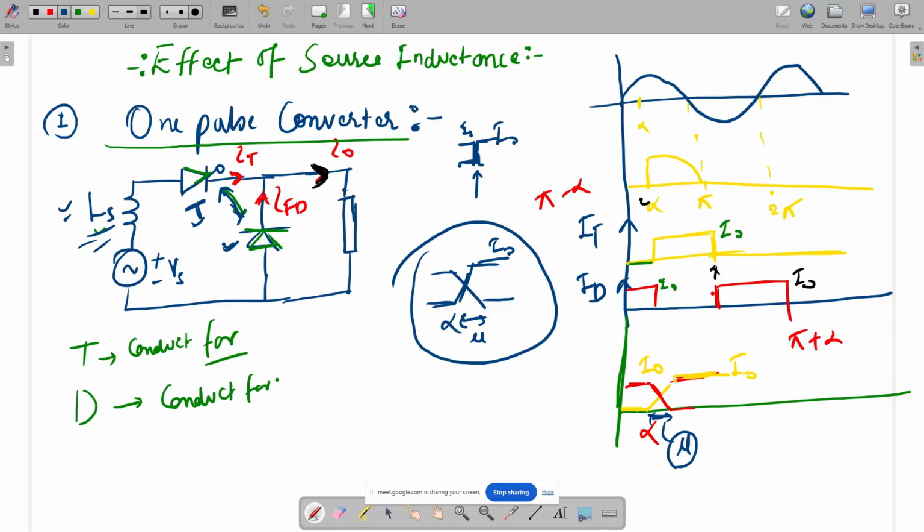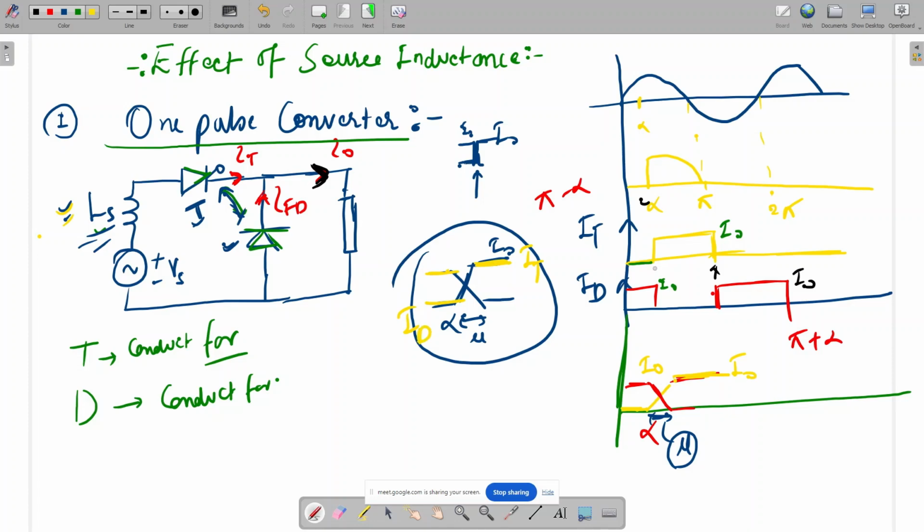But if source inductance is there, what will happen? It will not allow a sudden change in current. Instantaneously, the current will not become 0 to I naught or I naught to 0. Let's say this is the load current I naught, this is the thyristor current IT, and this is the diode current.